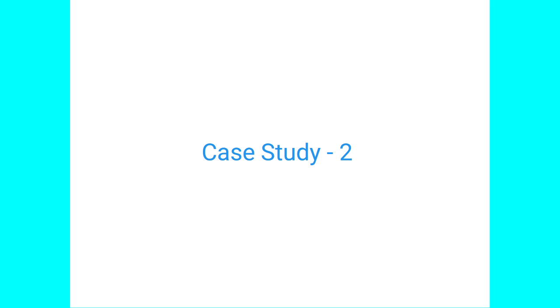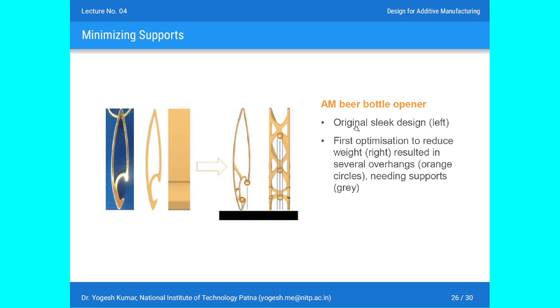Then let us move to another case study, case study 2, so that you are able to visualize with more clarity how the components discussed in design for additive manufacturing for metal additive manufacturing are used in real life problems when you want to build a component using an additive manufacturing process.